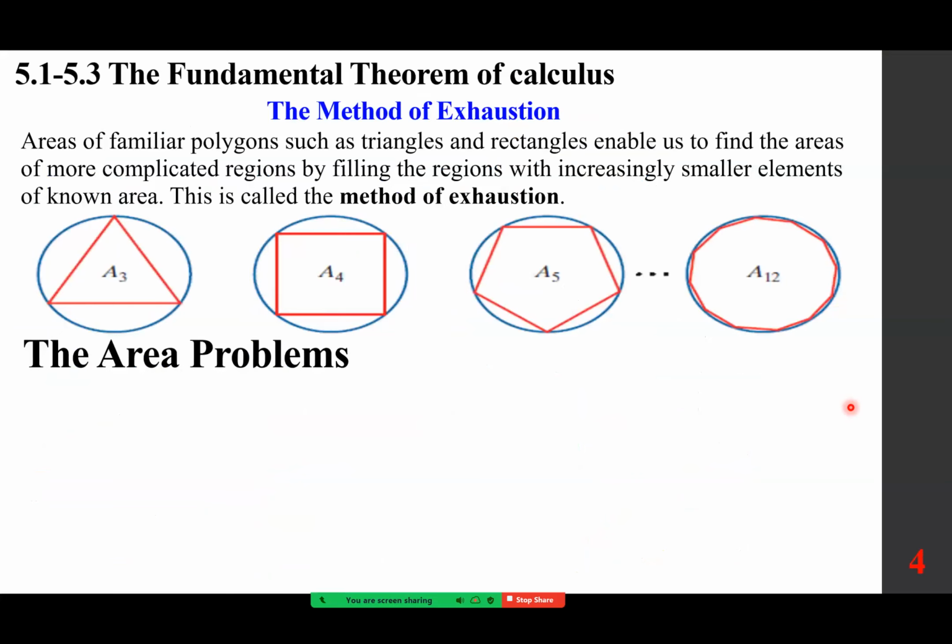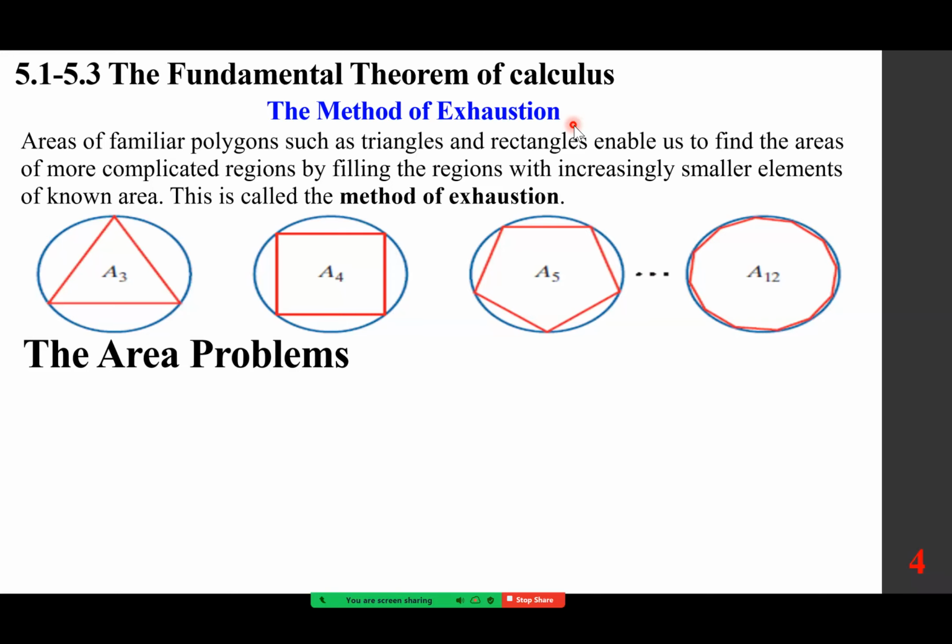So the first few pages, class, you have every piece of information given to you in the posted PowerPoint. You don't have to write anything, just pay attention to the concept. In the old days, the method of exhaustion was used to find the area of a shape whose area we didn't know.